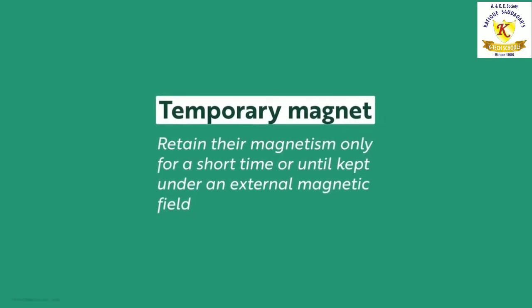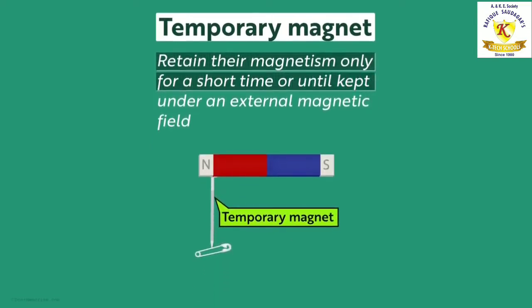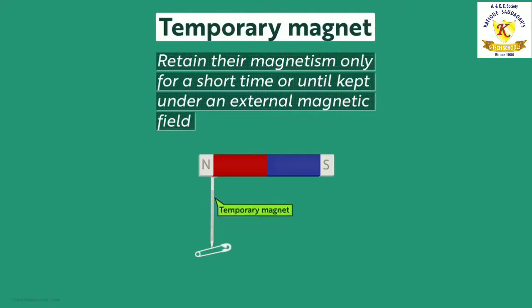We will talk about temporary magnets first. Temporary magnets retain their magnetism only for a short time or until kept under an external magnetic field. When removed from the external magnetic field, they lose their magnetism.